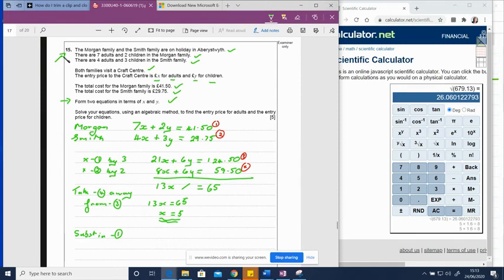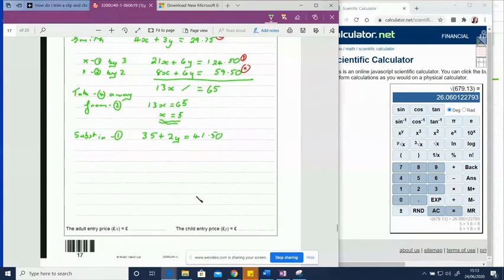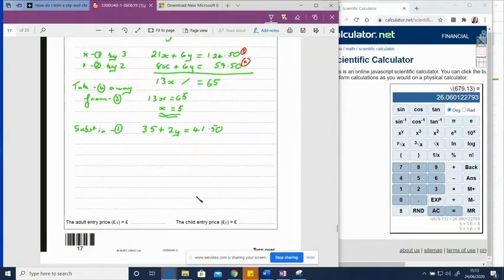So 7 times 5 is 35, plus 2Y is equal to £41.50. And then we just manipulate that equation. That means take 35 away from each side, so 2Y is equal to £6.50.